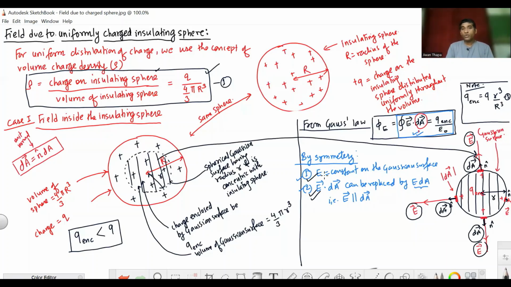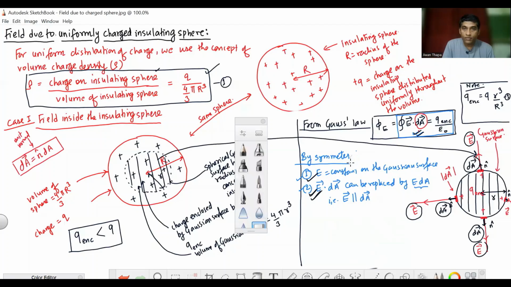We use these two conditions in order to determine or find electric field from the Gauss law. If these two conditions are satisfied, then we can take electric field out of the integral and calculate it. Clear? So we need to note this.